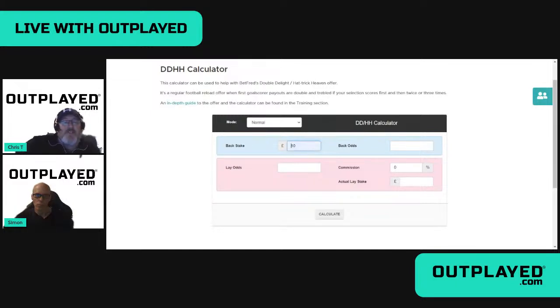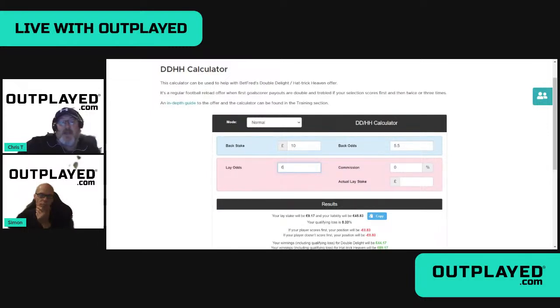A lot of people think it's just literally doubling the odds that are presented to us, which it's not. It's a case of having to take 1 away from decimal, doubling that, and then adding the 1 back on, which we don't even have to worry about because this calculator does it for us.